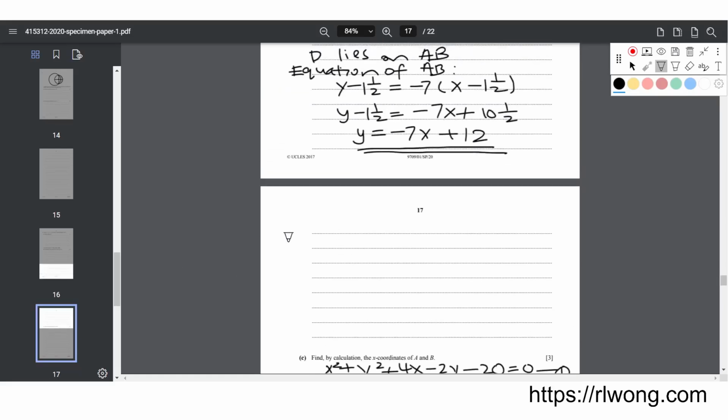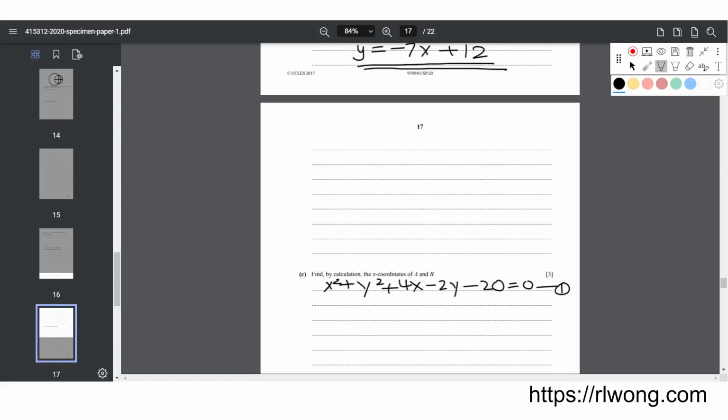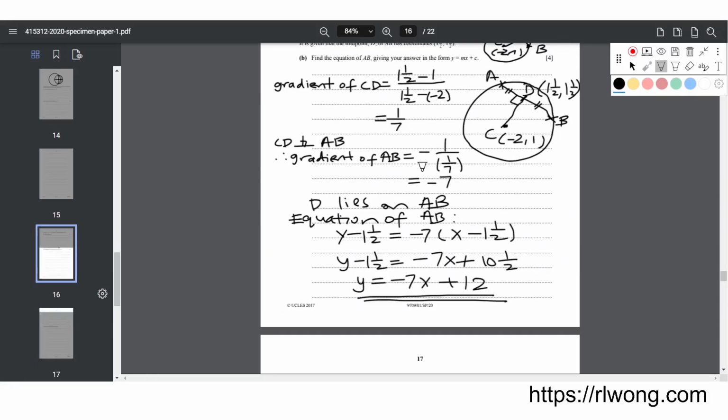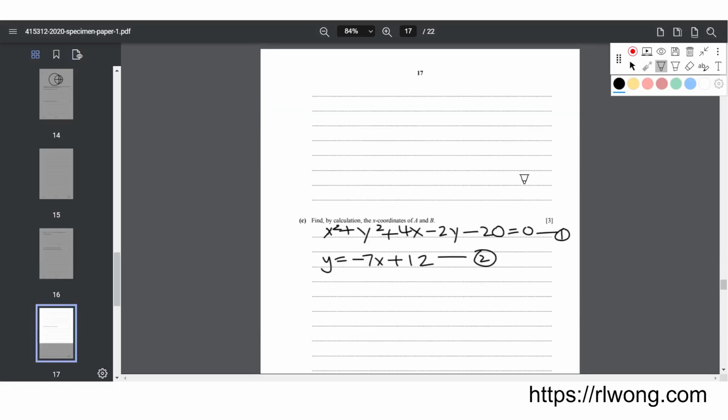Okay, and in equation 2, I have y equals -7x plus 12. So I know that A and B are the points of intersection between this circle and this line AB, right? From this diagram here, I know A and B are the points of intersection between this line AB and this circle. So to find the points of intersection, you solve simultaneous equations. So y equals -7x plus 12 is already written in terms of y.